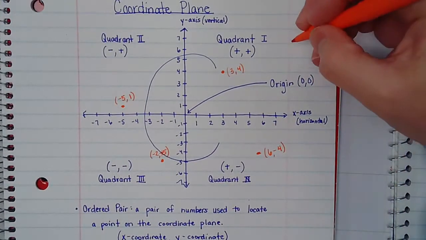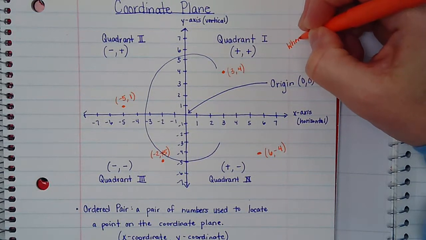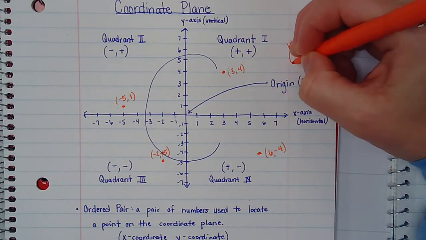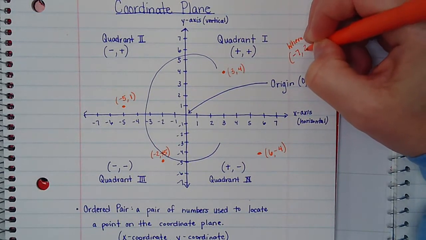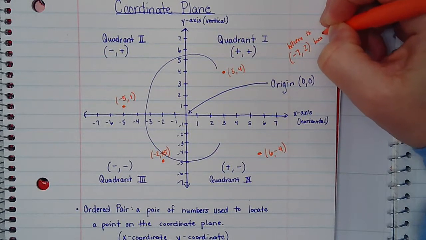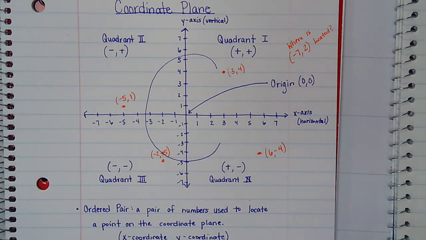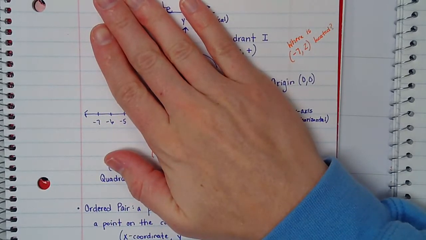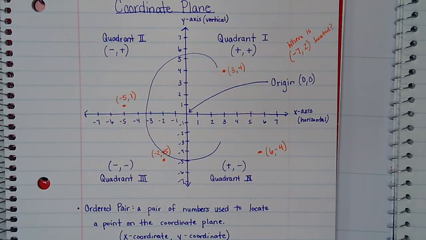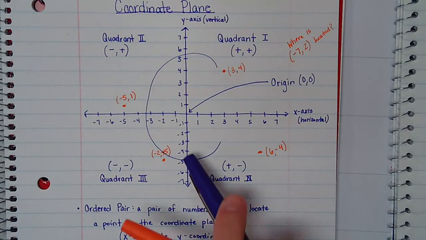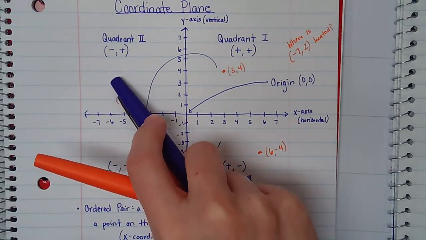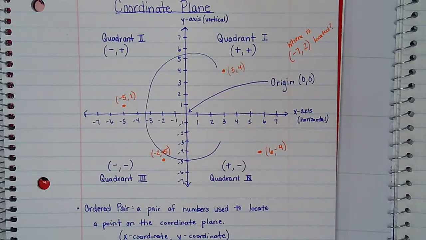They would say something like, where is -7, 2 located? Okay, so where's -7, 2 located? But remember, they didn't give you this coordinate plane to look at. So you just have to remember, okay, which quadrant did I move left and then go up? Okay, left and up. Left and up has to be this quadrant right here. So I know that this point has to be in quadrant 2.